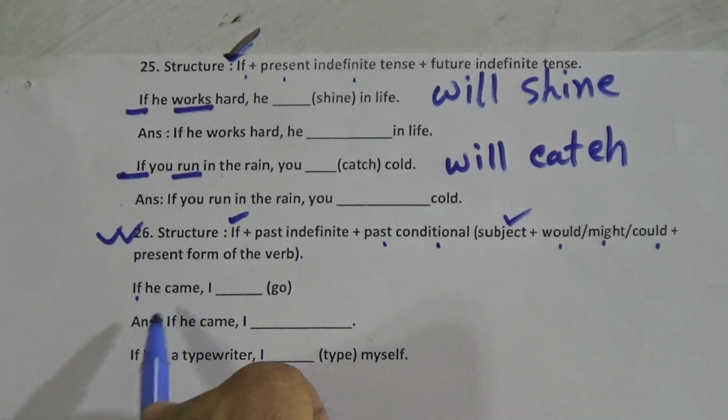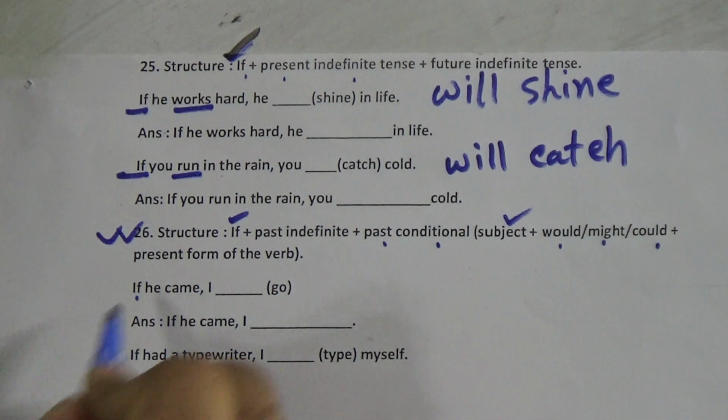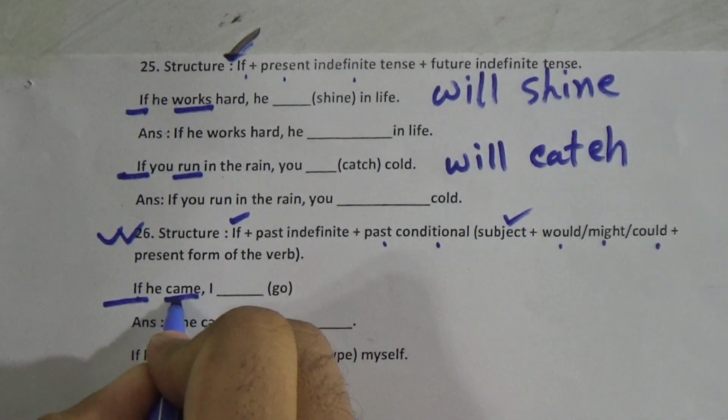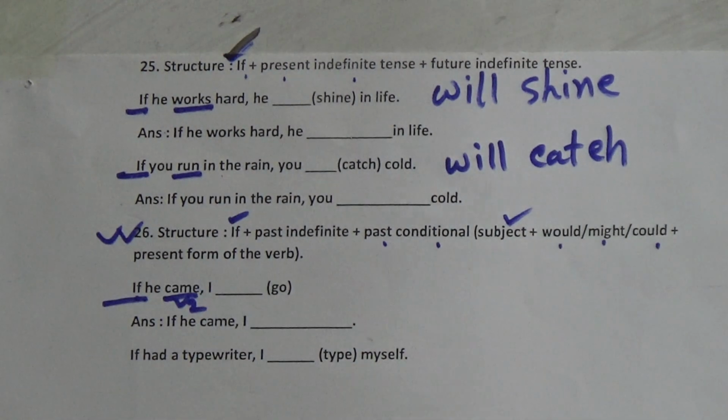If he came, here if you analyze, here is the if clause and came is verb 2, that's why it is past. That means conditional sentences must have two parts.